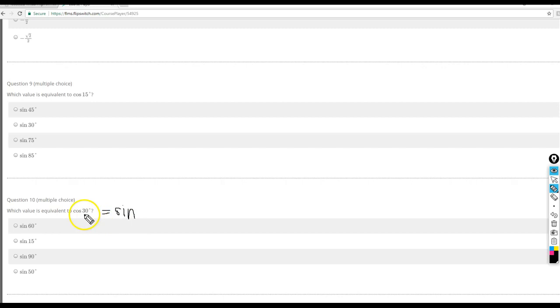So 90 minus 30 is 60. And so cosine of 30 is equal to sine of 60 degrees. So if you don't have complementary angles in your notes, please jot that down, as well as that sine and cosine have a relationship with complementary angles. So sine of 60.